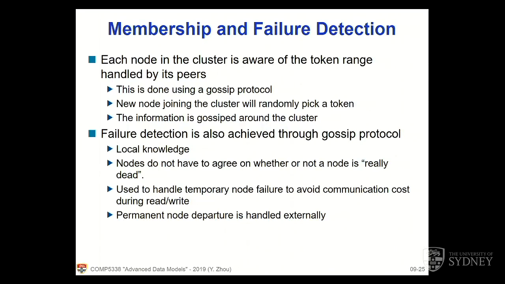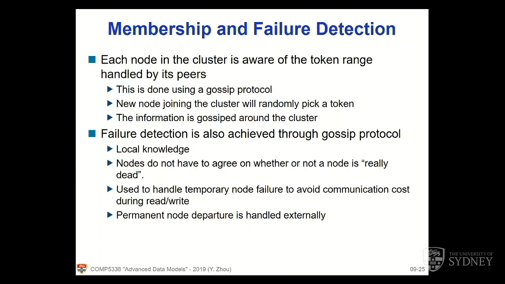But this is temporary, so we don't need to have all nodes agree that the node is not available, because the node might be just temporarily not available, or the network could be having some issues, and maybe after a short period of time it just comes back. So that one is kind of okay.